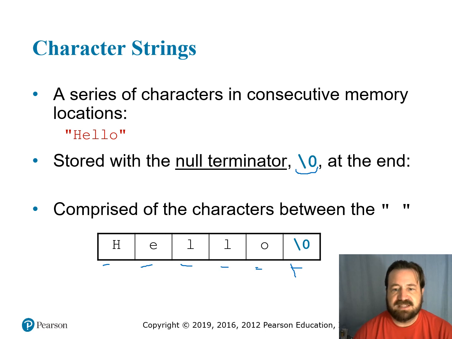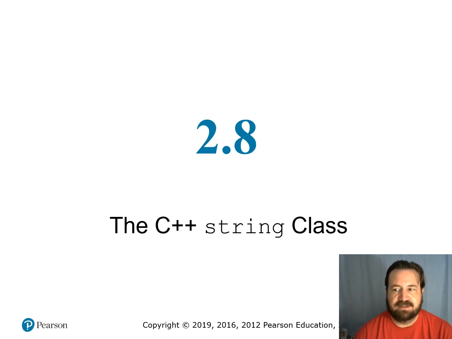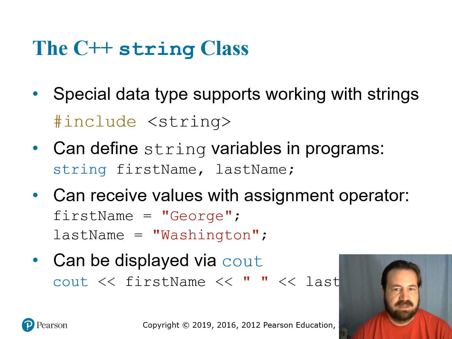C++ has a better way of handling strings called the string class. The string class lives in a special library called string, so you have to #include string in order to use it. You can define string variables in programs, once you've included string, by saying string firstName, lastName, for example.